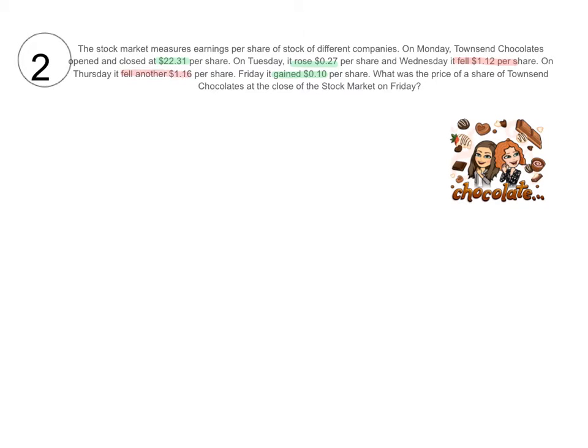So you can really think about this two ways. It's starting at $22.31. So if it rose 27, that would be a plus 27 cents. Then it fell. So you could think of falling as adding a negative, right? Because that's still going to make you subtract.